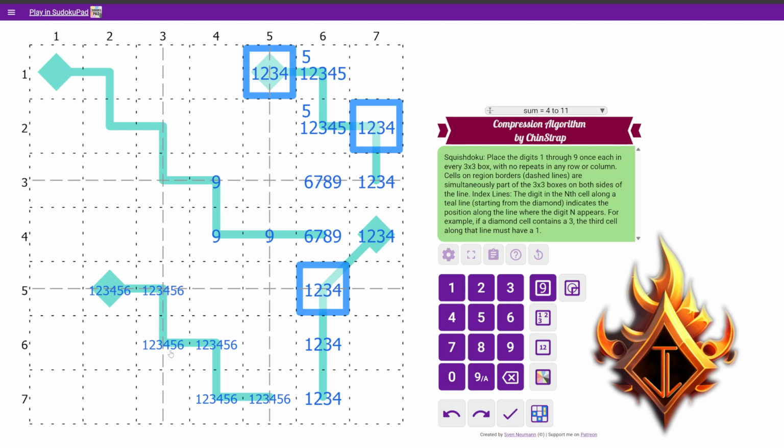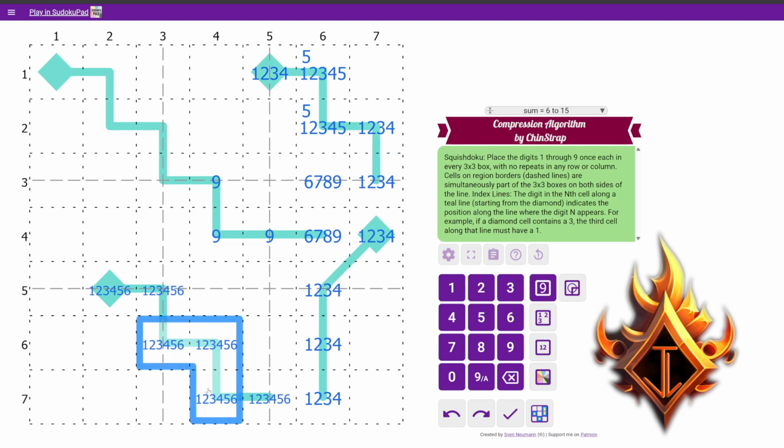This one is going to go on one of those as well. How do I color this? Color it up. Nice. I'll need every digit in the boxes.